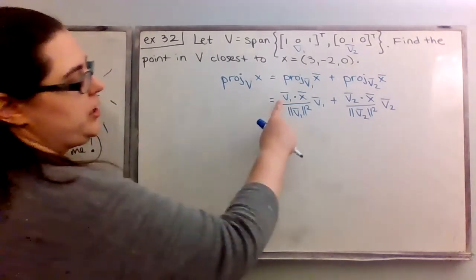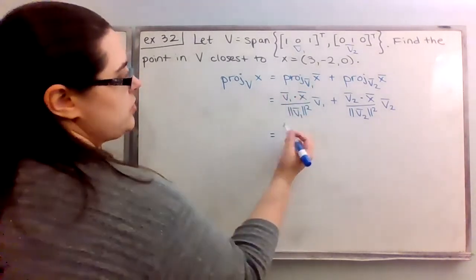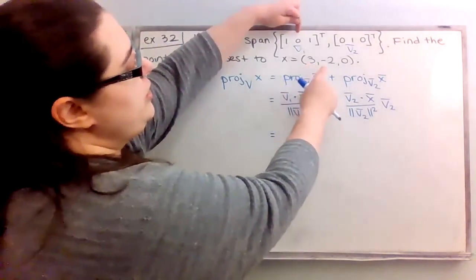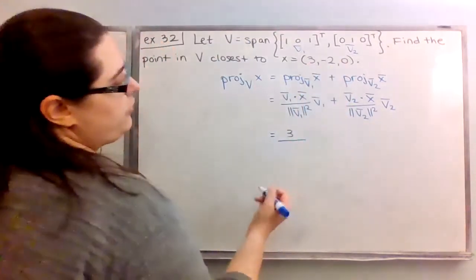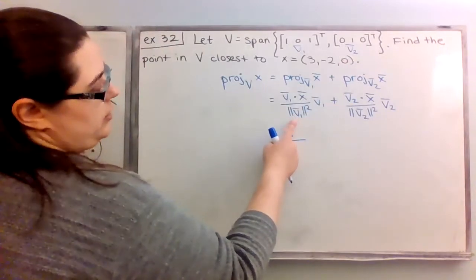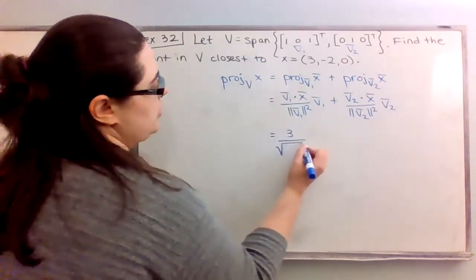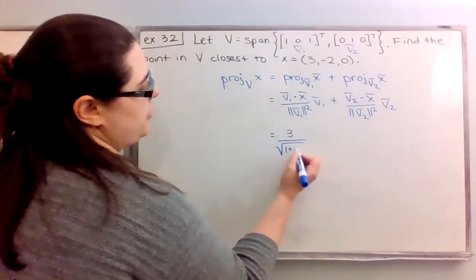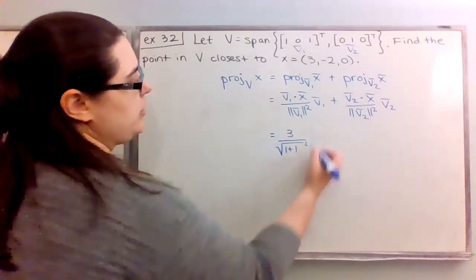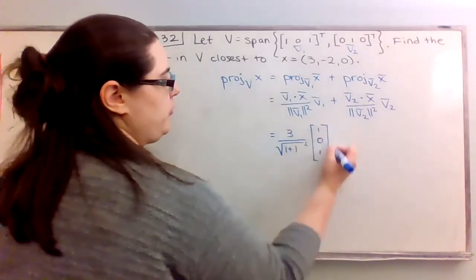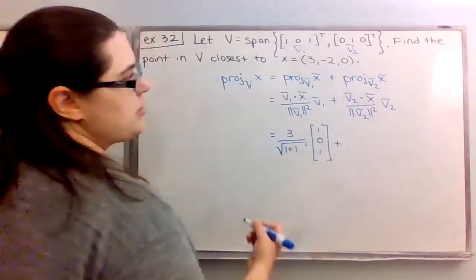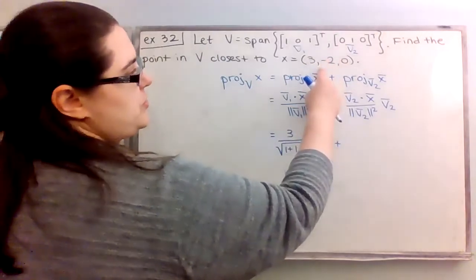So I'm going to do V1 dot X. That's going to give me 3, 0, and 0. So that's just going to be 3 over the norm of V1 squared. So this is going to be the square root of 1 plus 0 plus 1 squared, times V1, which is (1, 0, 1), plus V2 dot X, which is, oh, this is easy.